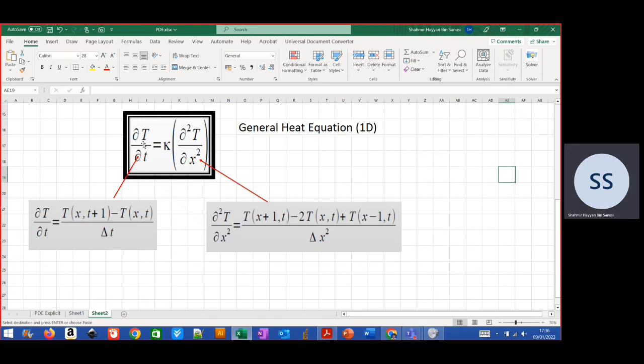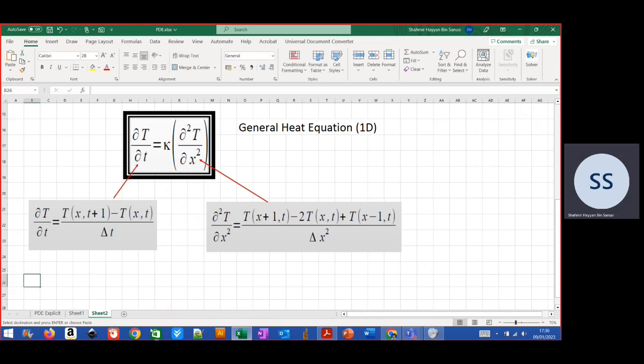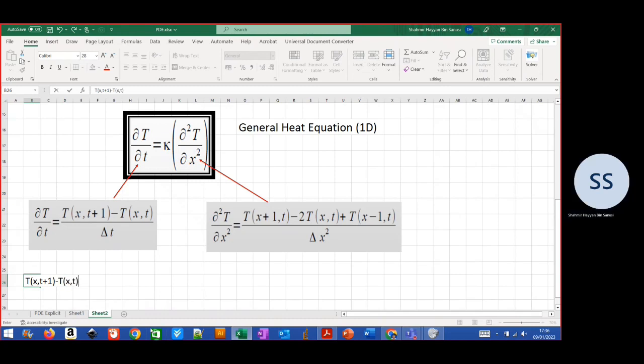Replace the first order differentiation against time with this. So we get T(x, t+1) minus T(x, t), over delta T.